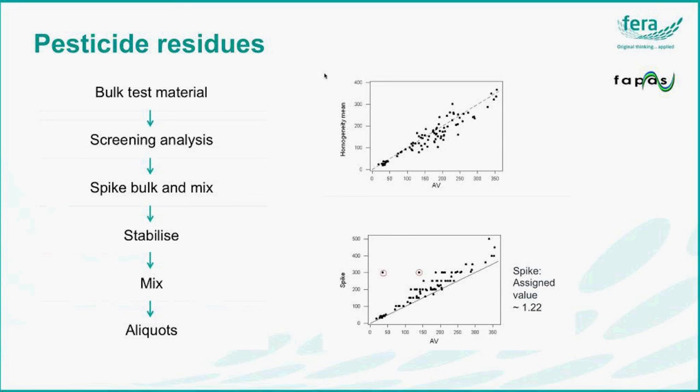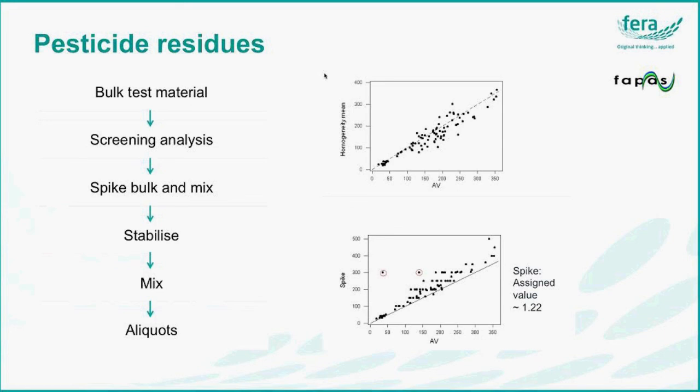We then remix it and aliquot it out into PET samples. We know what the spiking value is, we know what the homogeneity value is, and we know what the assigned value is based on the consensus of participants.